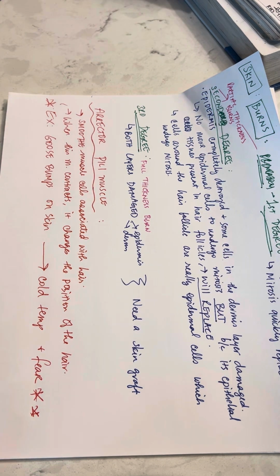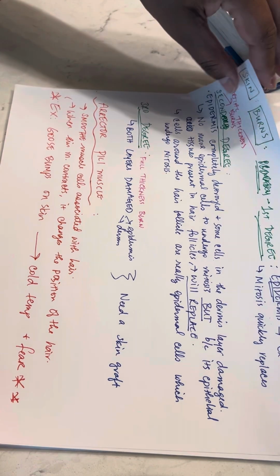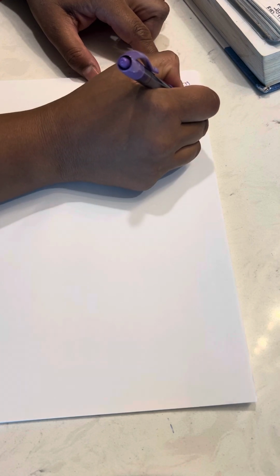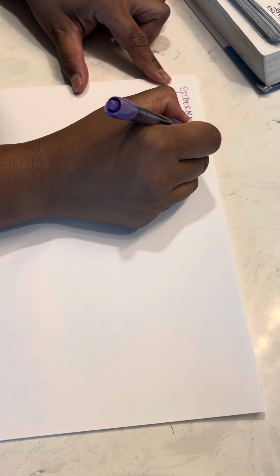Okay. Now we're going to talk about the epidermal layers of the skin. So remember we said the epidermis of the skin is the most superficial layer of the skin.